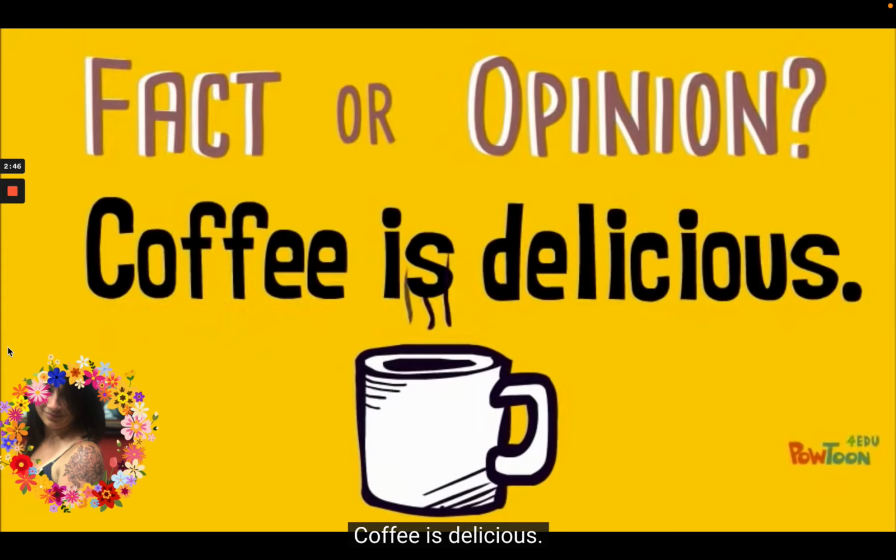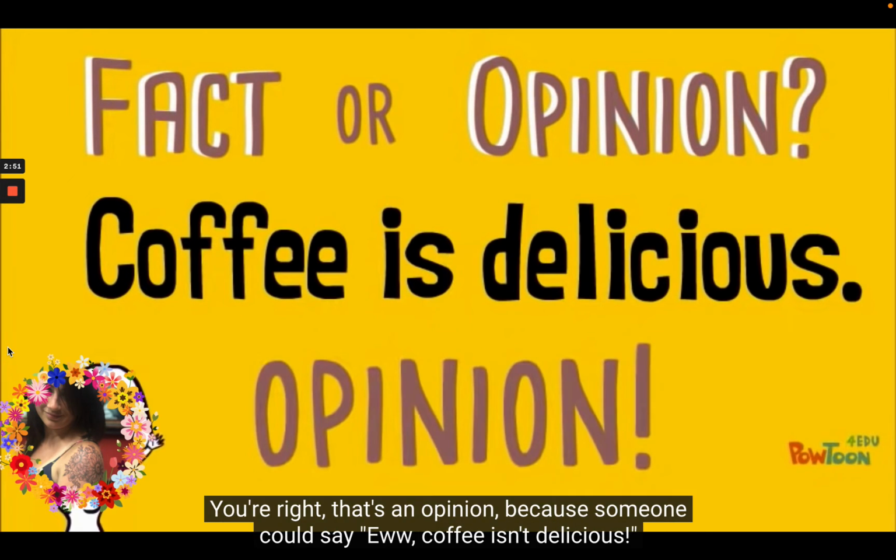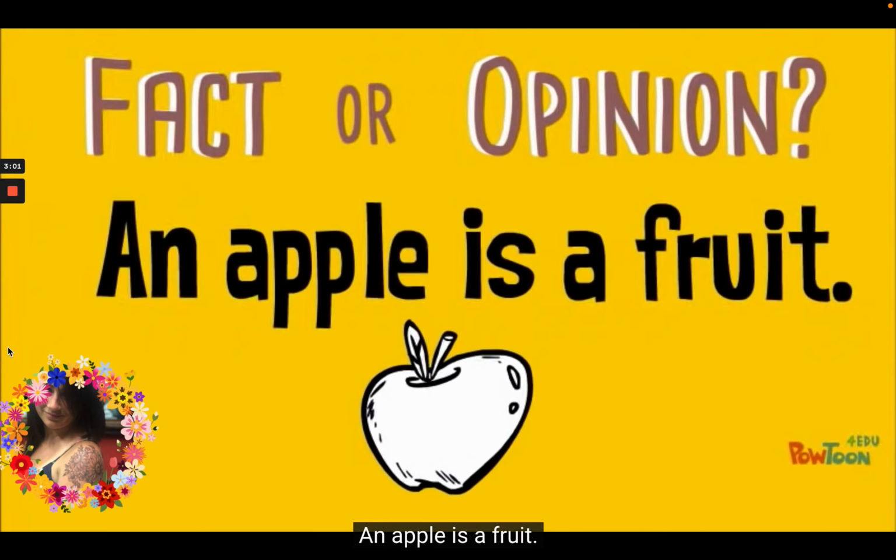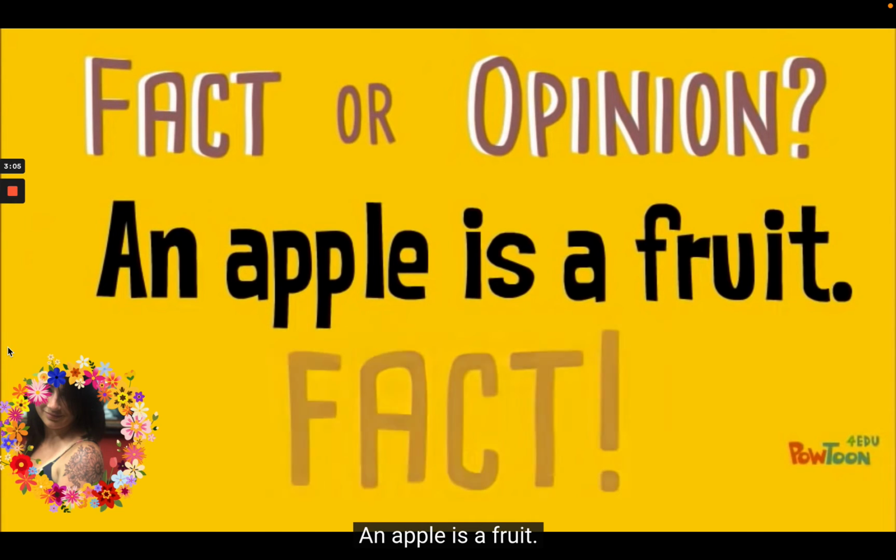Coffee is delicious. You're right, that's an opinion because someone could say, ew, coffee isn't delicious. Fact or opinion? An apple is a fruit. You're right, it's a fact. An apple is a fruit. That is always true.